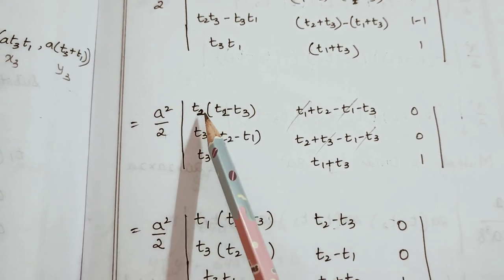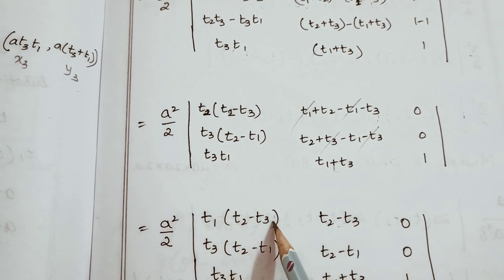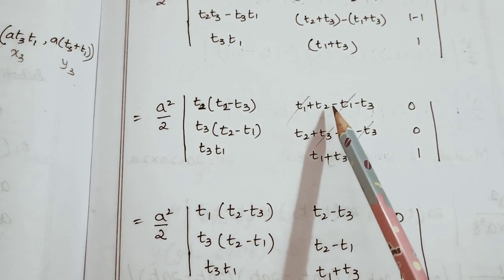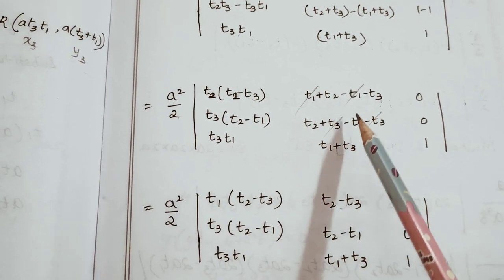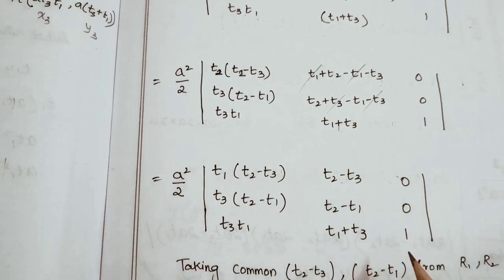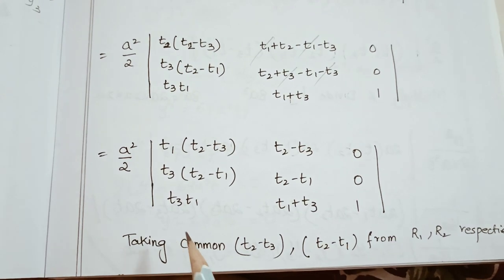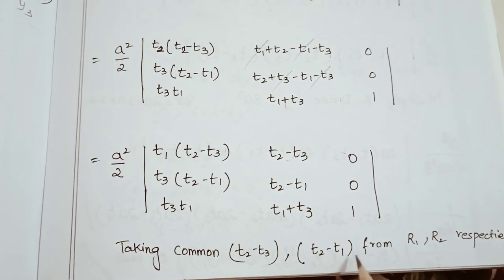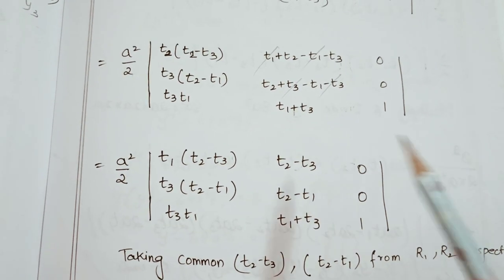A square by 2. T1, T2 minus T3. Same. Here these two get cancelled. You will get T2 minus T3. Here T2 minus T1. T1 plus T3. 0, 0, 1. Okay. Now from here we can take T2 minus T3, T2 minus T1 from R2 and R1 respectively.